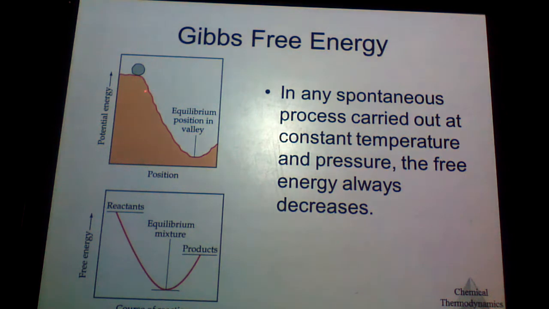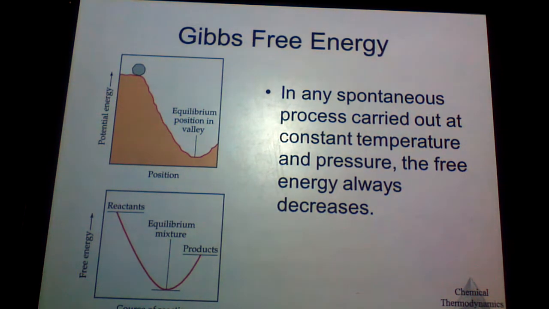Your book gave us these pictures, but it's very similar to thinking about a boulder rolling down a hill. I have lots of potential energy at the top, and as it rolls down this hill, it's converting its potential energy into kinetic energy until finally it's at its minimum amount of potential energy. It's used all of its potential energy up into kinetic energy.